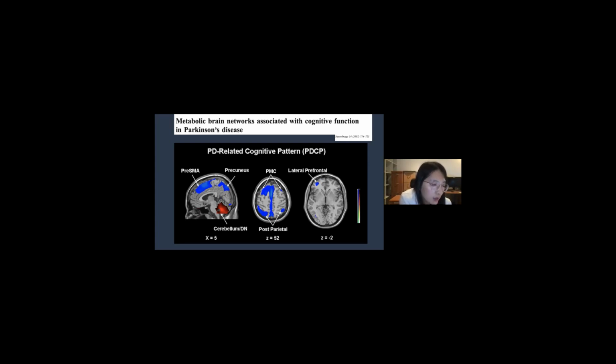This PD-related cognitive pattern was reproducible and known to correlate well with performance on tests of memory and executive function. Because the PDCP pattern is not altered by routine dopaminergic anti-PD medicine, it may prove useful in clinical trials targeting the progression of non-motor manifestations of PD.